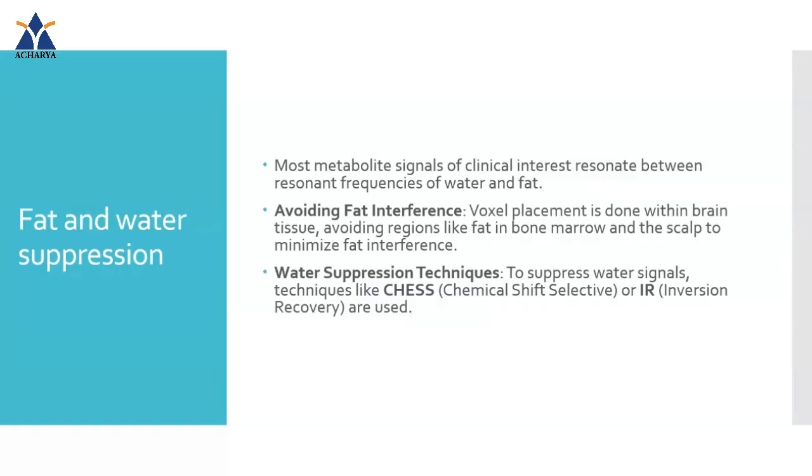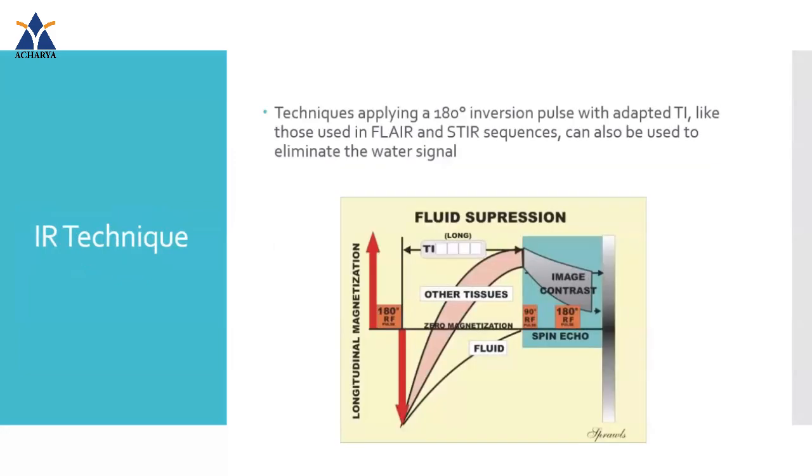And for water suppression, we use two techniques. First one is CHESS, that is chemical shift selective, and the other one is IR, that is inversion recovery. Inversion recovery is most commonly used in routine MRI. I think you are all very familiar with this technique.